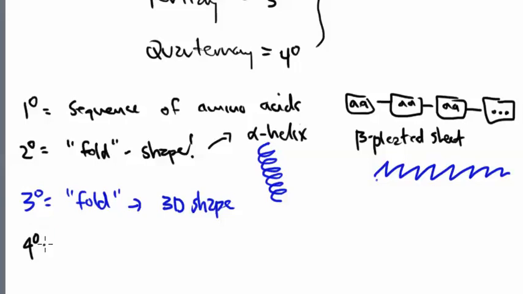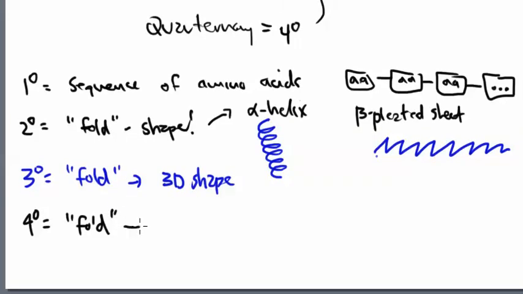And then finally, we've got a quaternary structure. And this is more folding, but quaternary structure is even more specific because it's basically focusing on more than one 3D shape. So what we have here in quaternary is a 3D shape from multiple pieces.